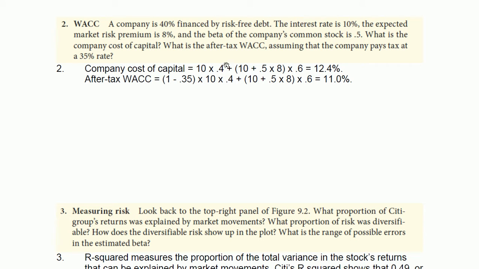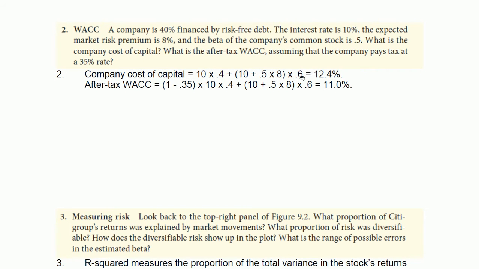So 40% financed by risk-free debt, and this is the cost of debt, 10%, risk-free, and 60% financed by risky assets, and the required rate of return using the CAPM is 10% risk-free rate plus beta multiplied by the risk premium, which will give us the company cost of capital 12.4%.